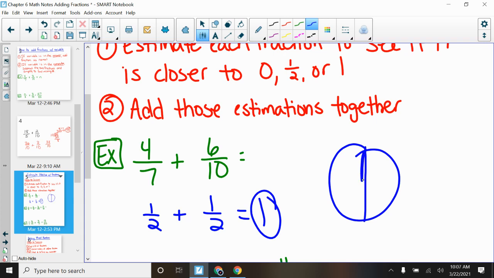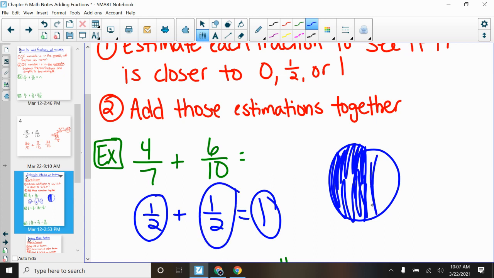If you ate half of the pizza the first day, that's what this one is. And you ate the other half the second day, you ate 1 whole pizza, right? Okay? So you can think of it that way.